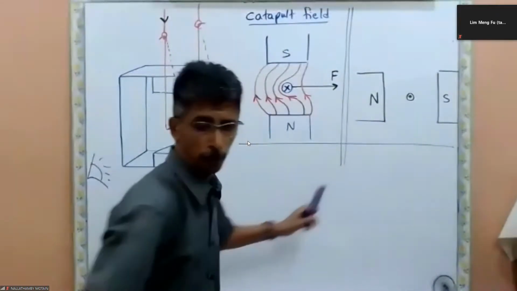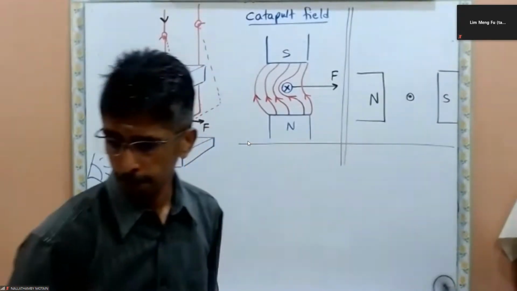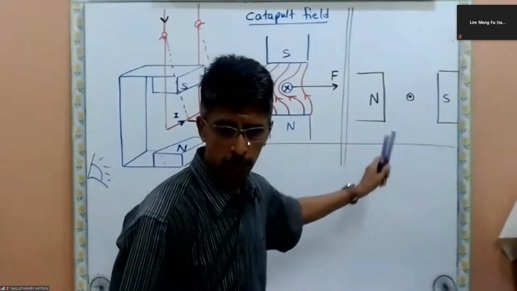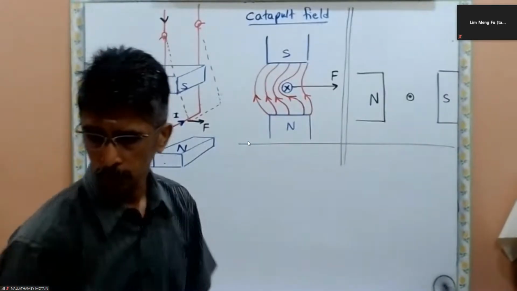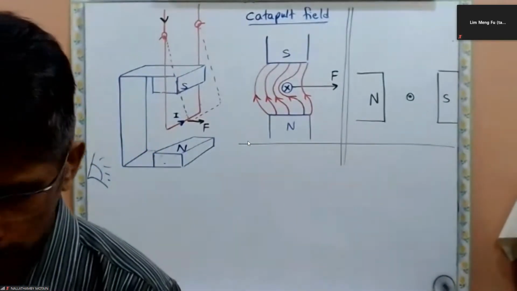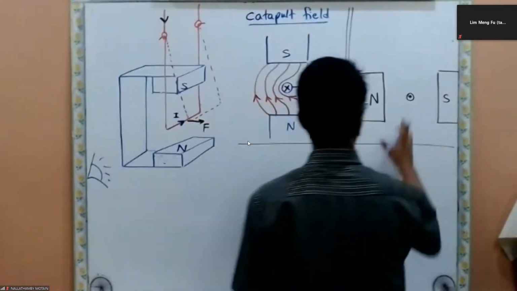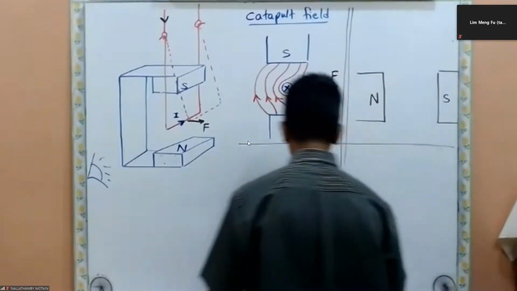Draw the catapult field for this diagram. Can you see it? Sir, dot or cross, sir? Dot. Oh, it's not clear. I change place.